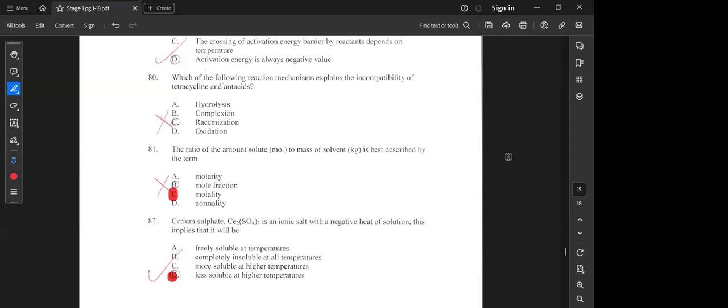According to Google, normality is described as a number of grams or moles equivalent of solute present in 1 liter of a solution. So it's the mole equivalent of solute present in 1 liter of a solution.